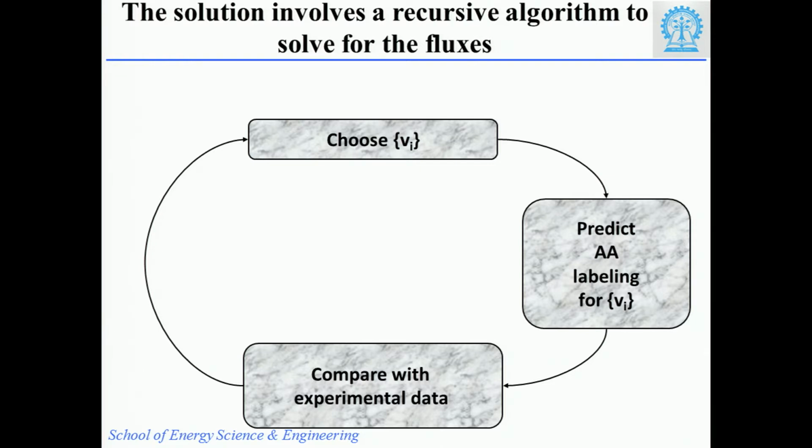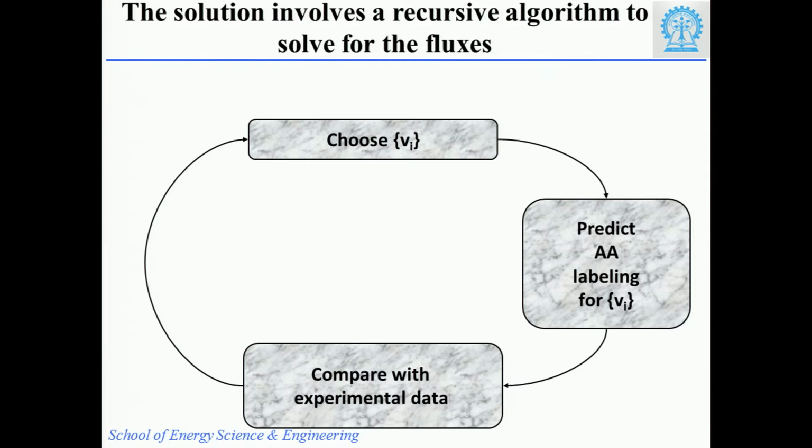On one hand you calculate the amino acid labeling using the theoretical method, because you know the atom transition map, but that labeling may not be accurate. Why is it not accurate? Why does the amino acid labeling you are getting here not compare well with the experimental labeling?